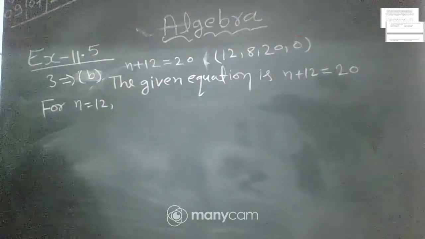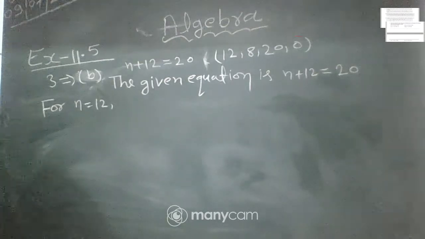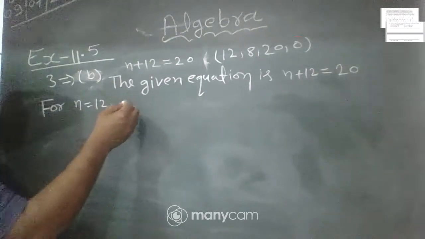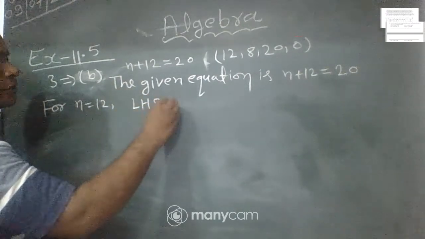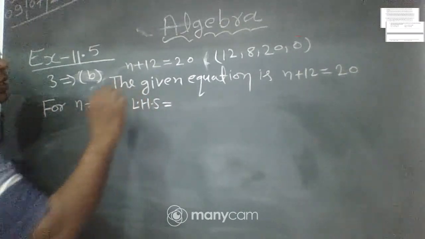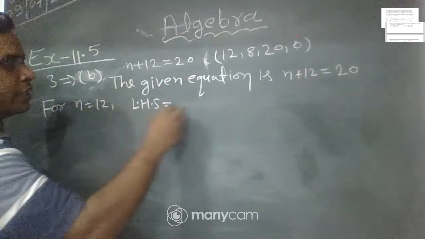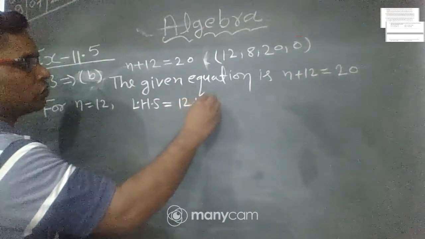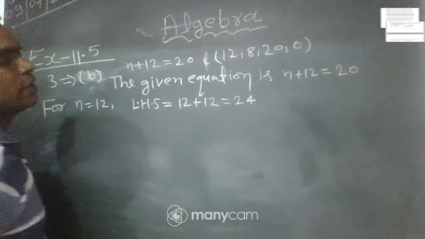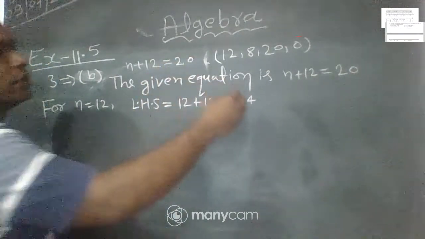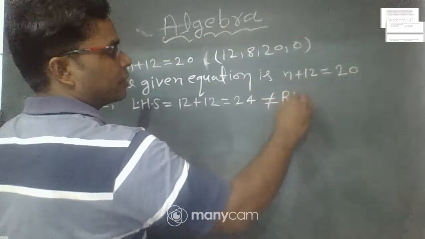Okay, so the left hand side is n plus 12. The value of n is 12, so 12 plus 12 is equal to 24, but the right hand side is 20. So you can write that the left hand side is not equal to the right hand side.